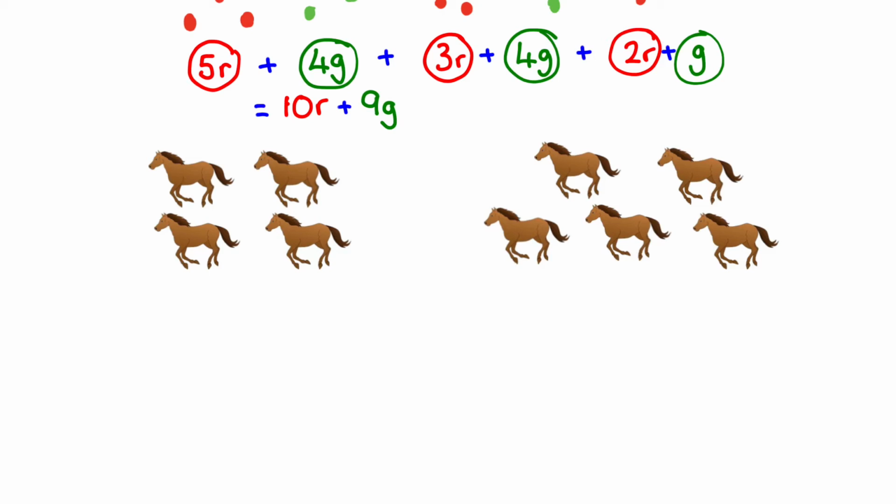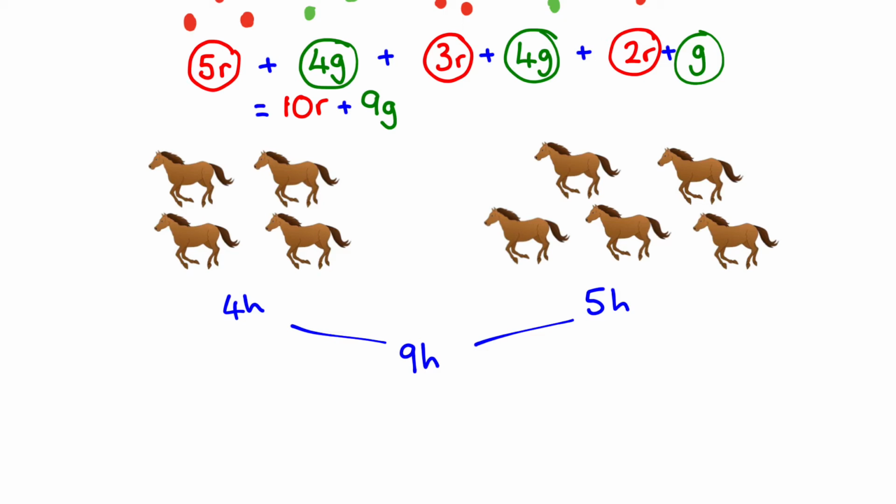What we can do is put things that are like each other together. So you might look at this and think, I've got 4 horses and 5 horses. Or you might look at that and think you've got 9 horses. And both of those are correct. You have got 4 horses and 5 horses, and you have got 9 horses altogether.